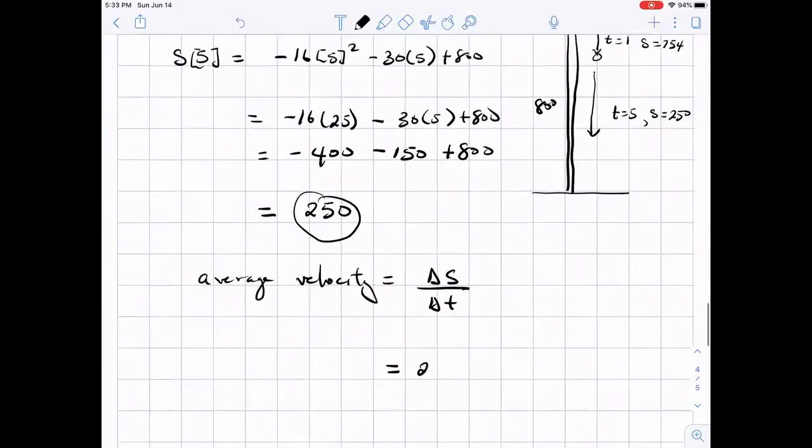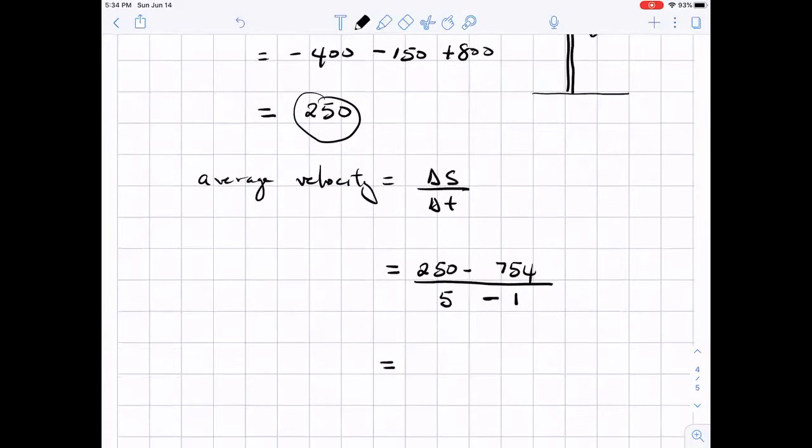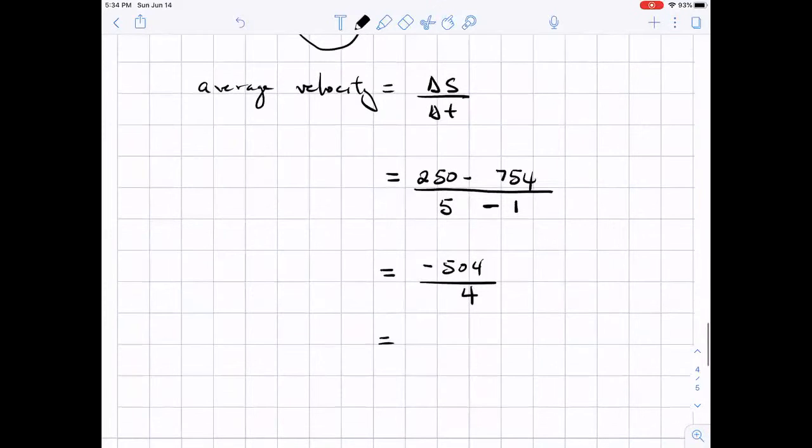This becomes 250 minus 754 divided by 5 minus 1, which is 250 minus 754. That becomes minus 504 over 4. And if you do the division, that becomes 126.